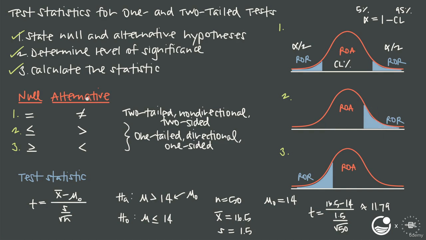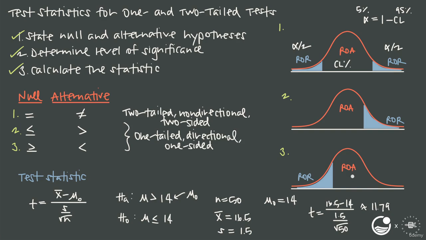Whereas if we state in our alternative hypothesis that we think the population mean is less than some hypothesized value, so less than, that means we're running a lower-tailed test, and it pushes the entire region of rejection into the lower tail, so we just have the singular region of rejection on the left and the region of acceptance on the right.